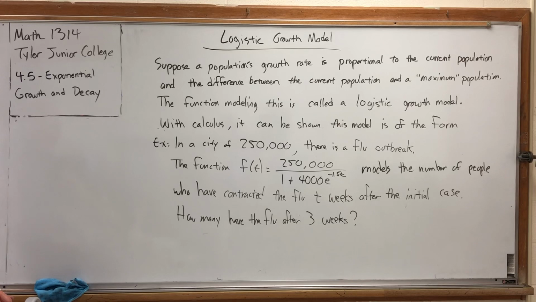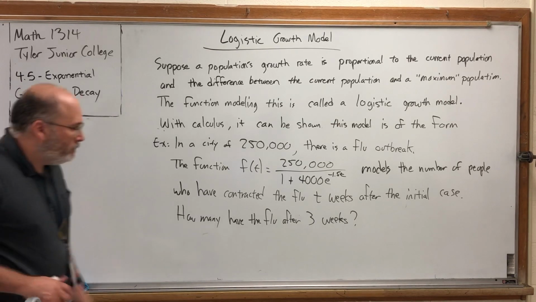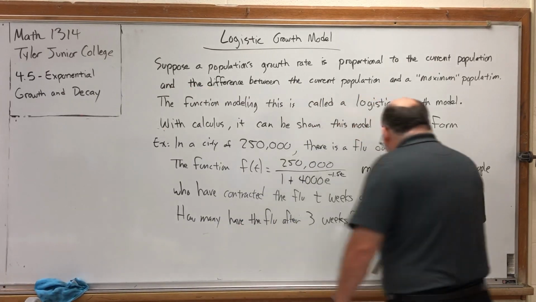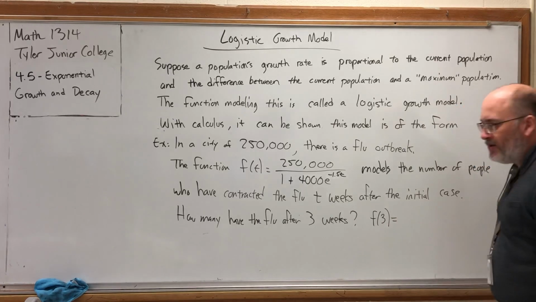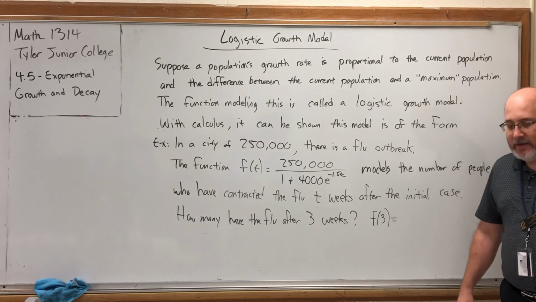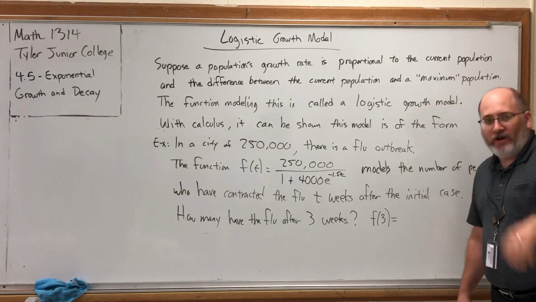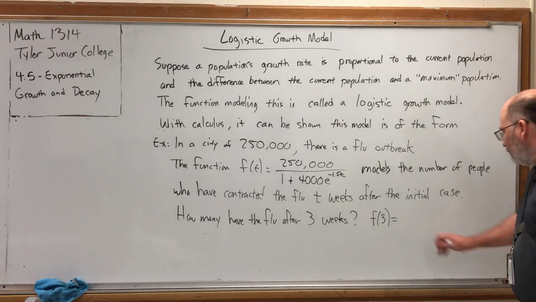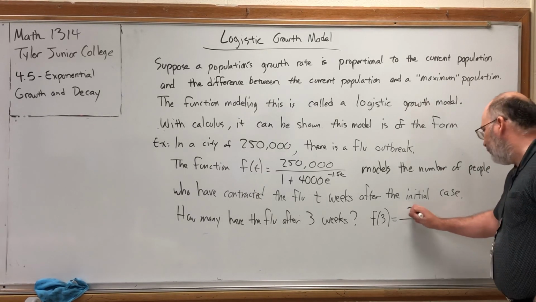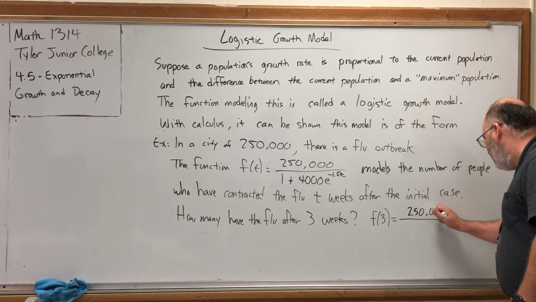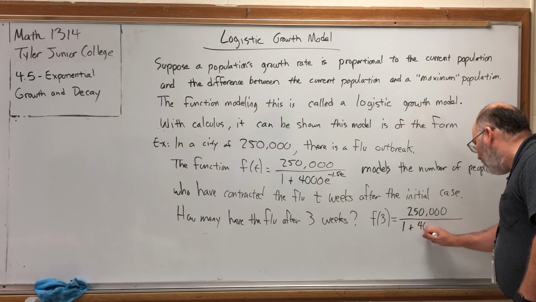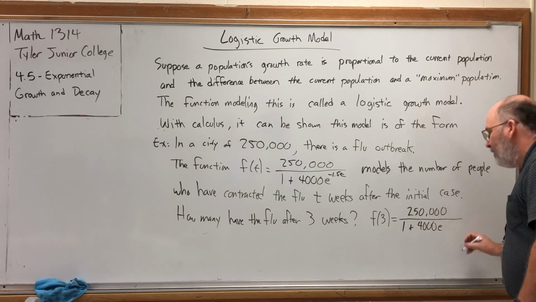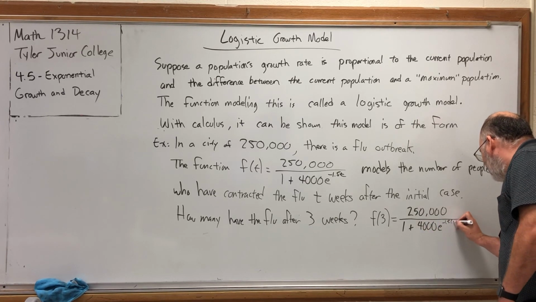So let's see if this is modeling the spread of flu in the city. How many people would have the flu after 3 weeks? Now, this is assuming that no preventative measures are being taken, meaning that it's just running its natural course. Well, all we have to do is substitute 3 into the function. 250,000 over 1 plus 4,000 e to the negative 1.5 times 3.